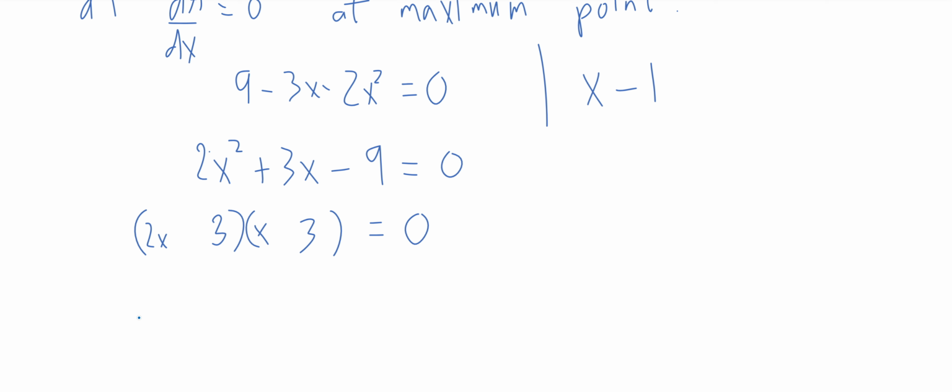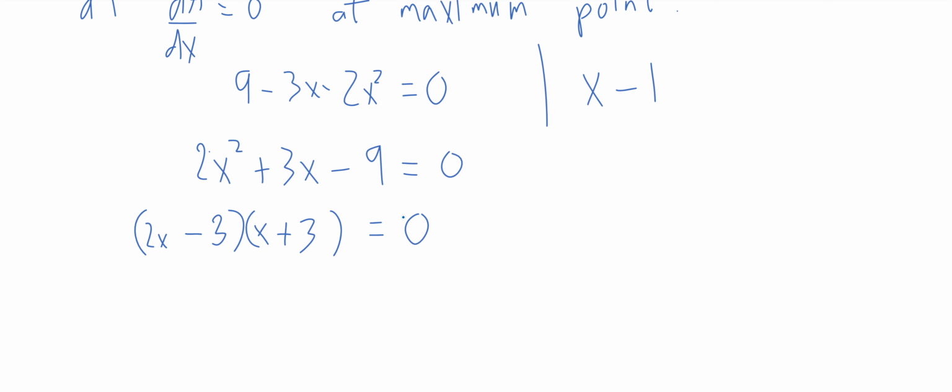So if I say this is plus 3 and this is minus 3, then working backwards, minus 3 multiplied by plus 3 is minus 9. 2x multiplied by 3 is 6x. Minus 3 times x is minus 3x, and 6x minus 3x is plus 3x. So that is this expression factorized.